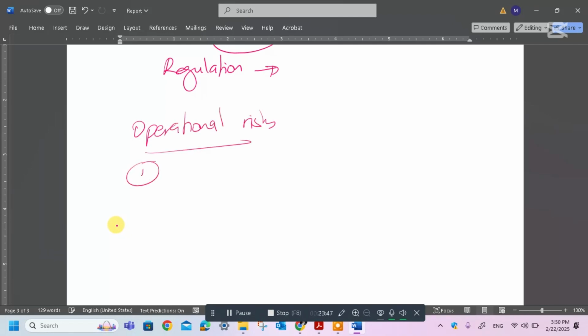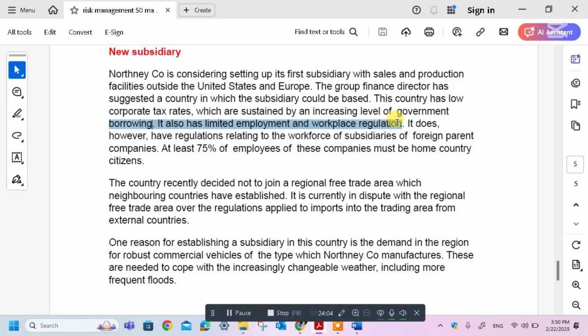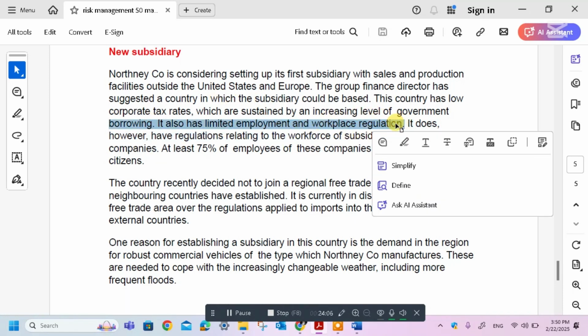One is that 75% requirement, which means most of the staff, most of the workers are going to be local. That is fine, but one point which was bothering is it also has limited employment and workplace regulation.